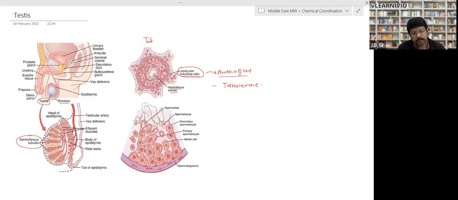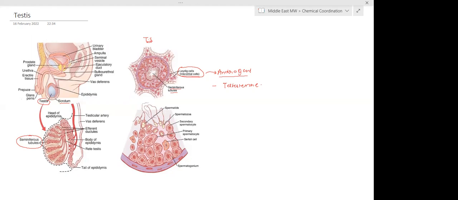Full stop. The principal androgen is testosterone.